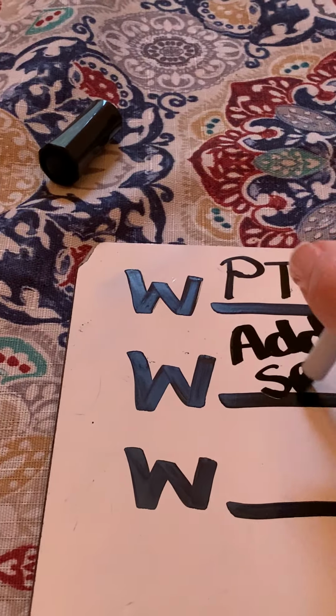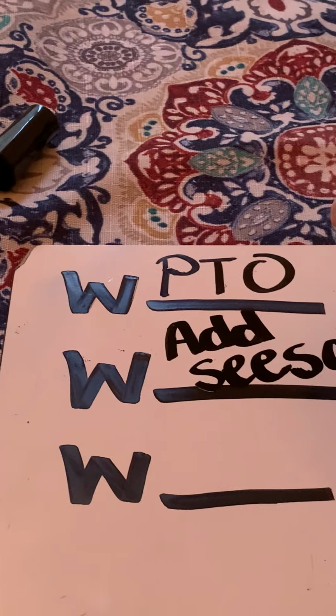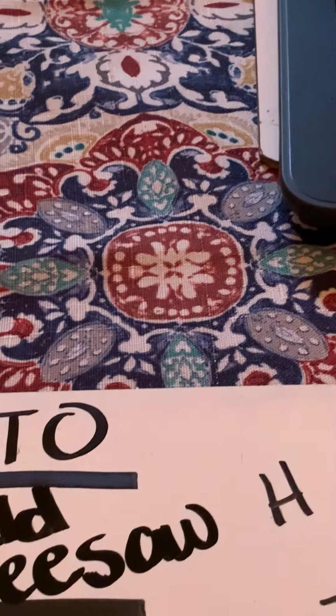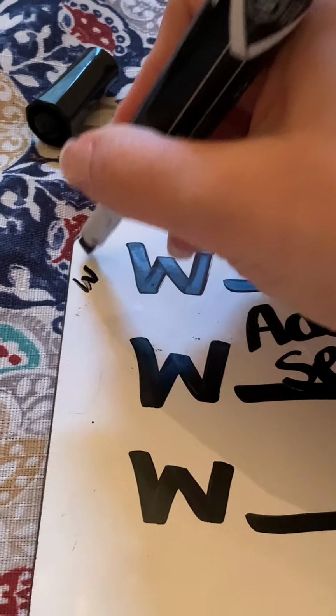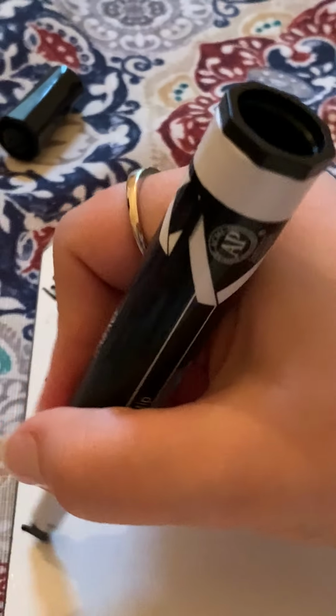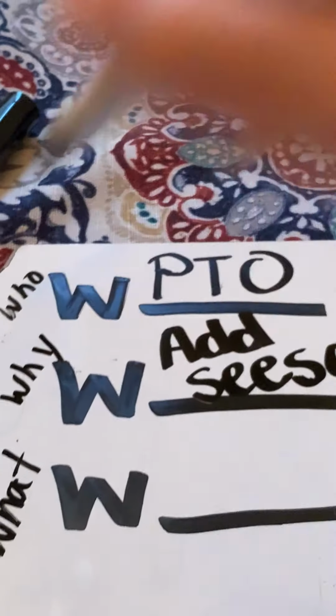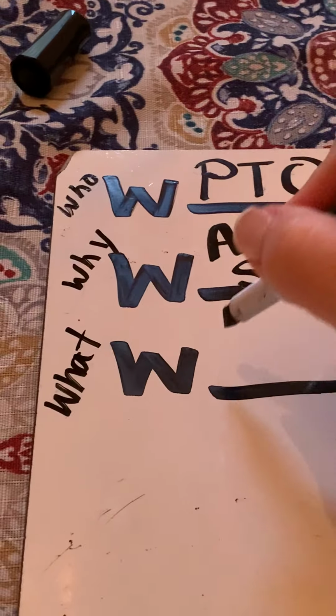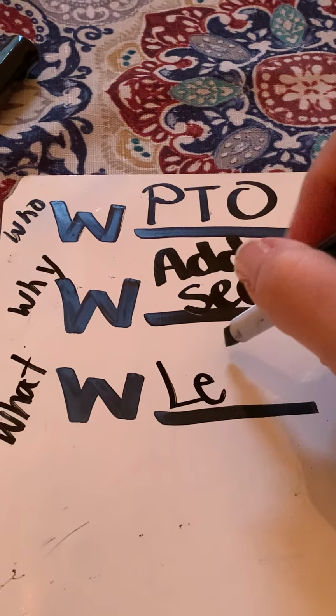So I'm going to write add seesaw. Okay, and then the last W, so we've got who, we've got why, and now we have what. So what is the type of writing that we would do? The type of writing that they're wanting us to do here is a letter.